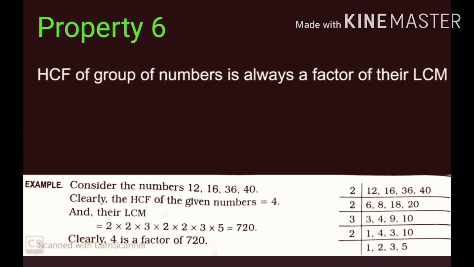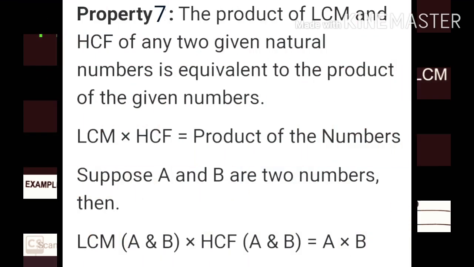We divide by 2: 6, 8, 18, 20, again by 2: 3, 4, 9, 10. Like this we are calculating and we can see that clearly 4 is the HCF of the numbers and the LCM is 2 into 2 into 3 into 2 into 2 into 3 into 5, that is 720. And we can say that 4 is clearly a factor of 720, right?